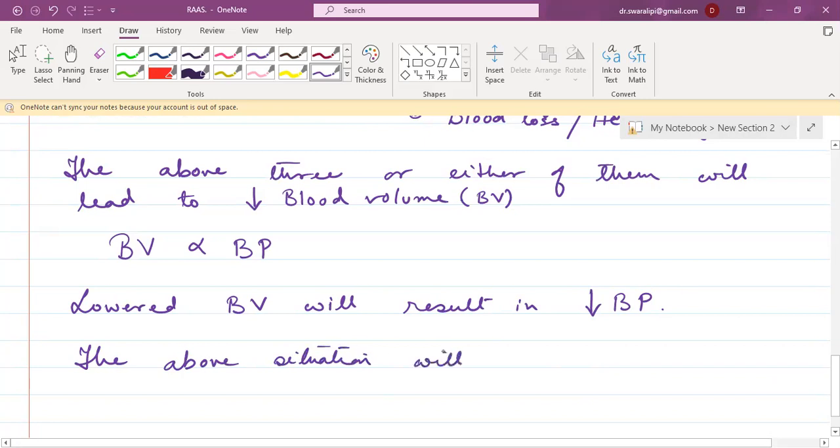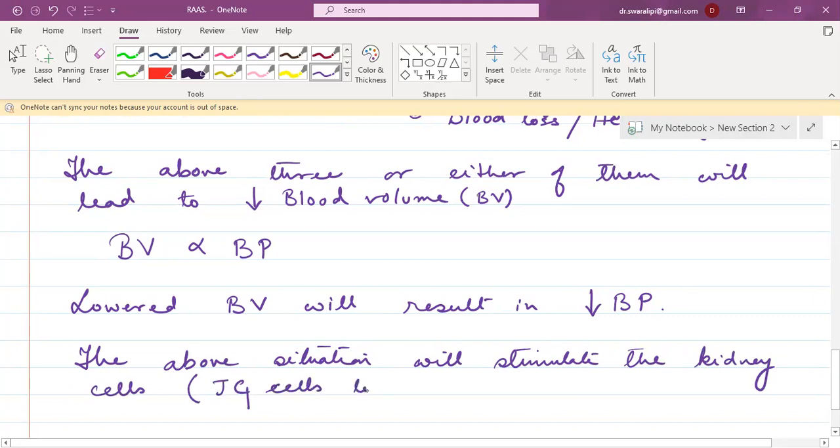Hence, the above situation will stimulate the kidney cells, that is the JG cells, to secrete renin.